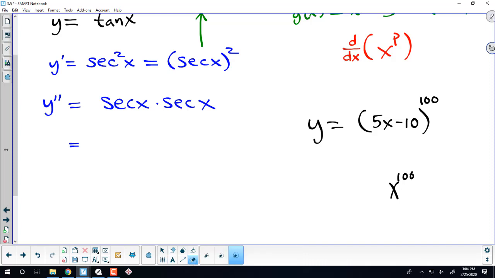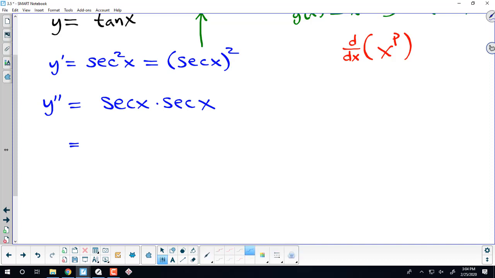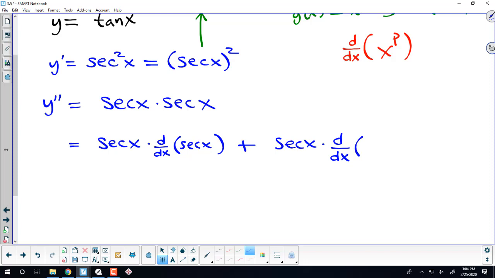So there is a necessity for another kind of rule, because we've only talked about trig functions, quotients, and products. We know there are millions of other types of functions that doesn't cover. So we have the first times the derivative of the second, plus the second times the derivative of the first.